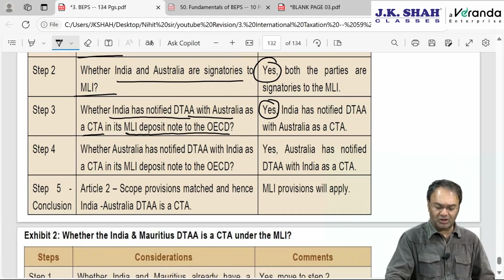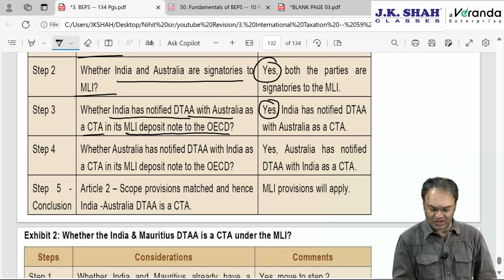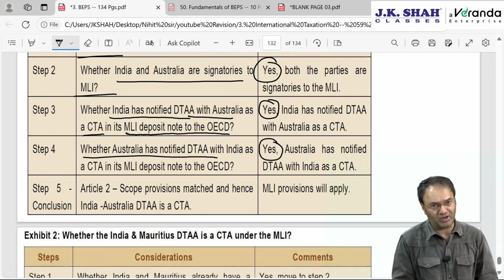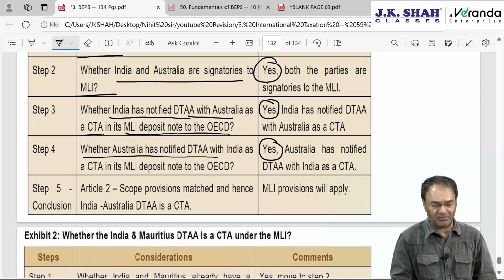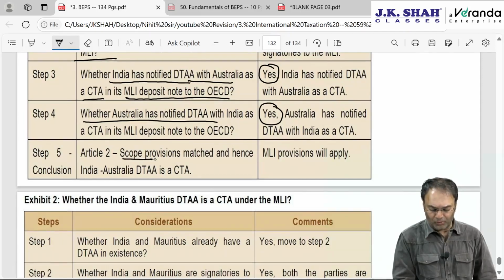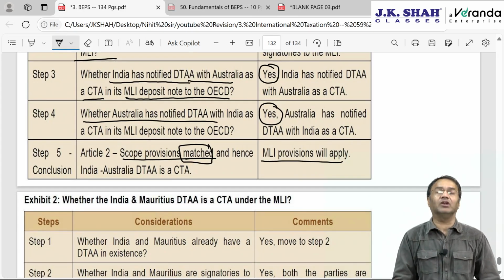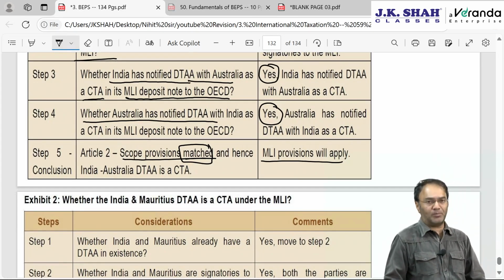Whether Australia has also notified, answer yes, Australia has also submitted a copy of the India-Australia agreement. Scope of provisions, the answer yes, MLI provisions will apply. Scope provisions match. Matching means the compatibility test is fulfilled, means both of them have opted for a particular clause.